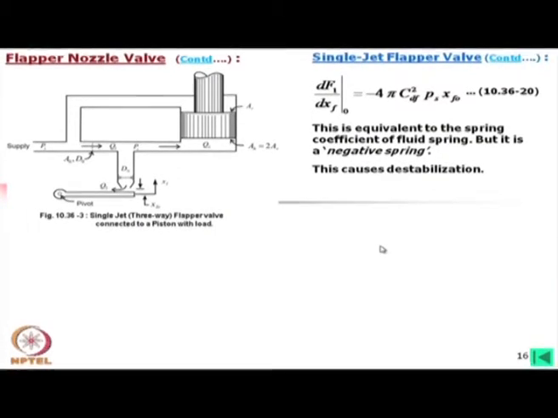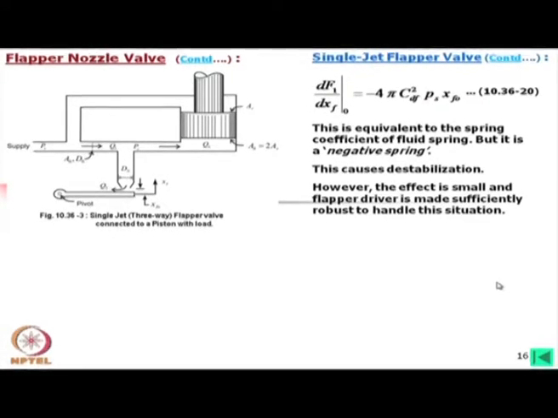This causes a destabilization. Okay. Due to this negative nature, a destabilization is observed. However, the effect is small and the flapper drive is made sufficiently robust to handle this situation.